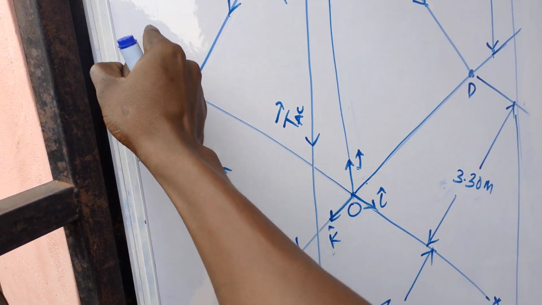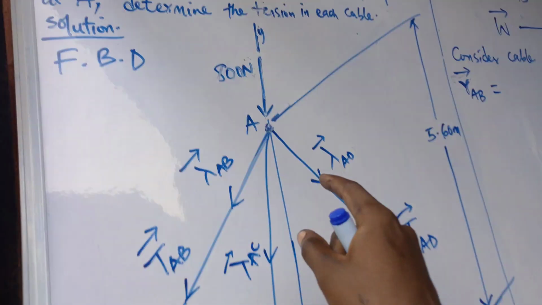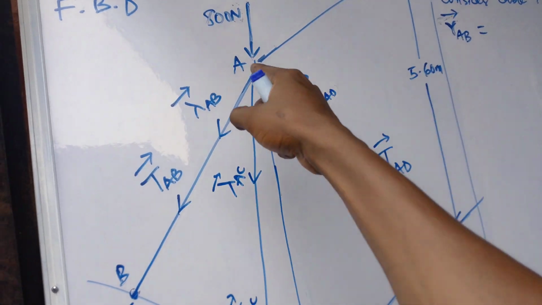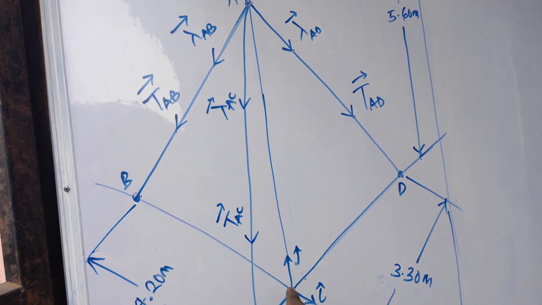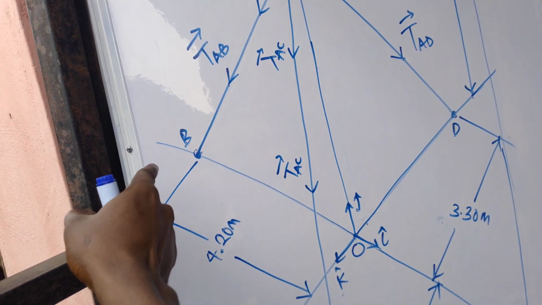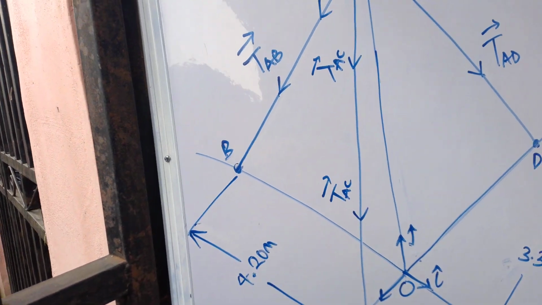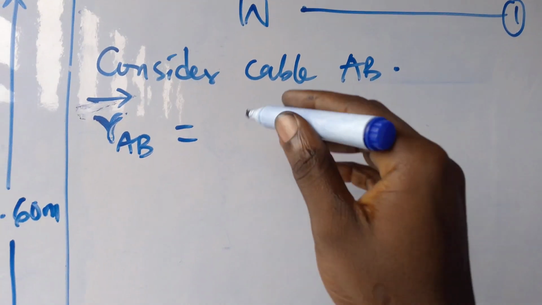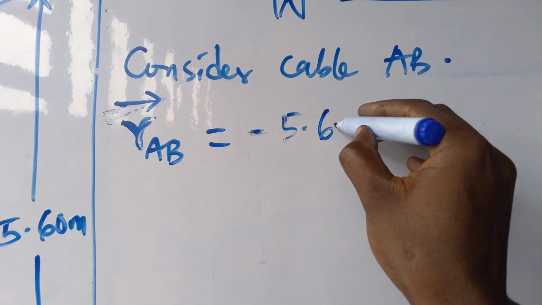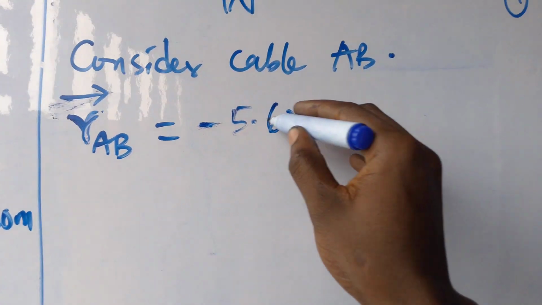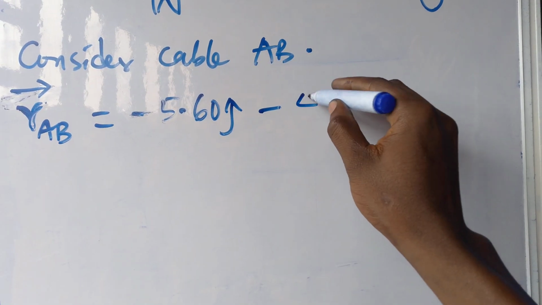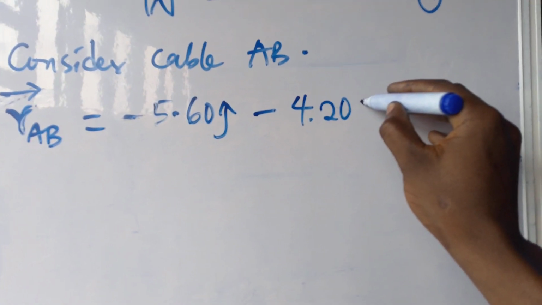Let's go again. Coming down like this, it's minus 5.60 J. Then I go minus 4.20 I. Okay, that's it. So this is minus 5.60 J, and this is minus 4.20 I.